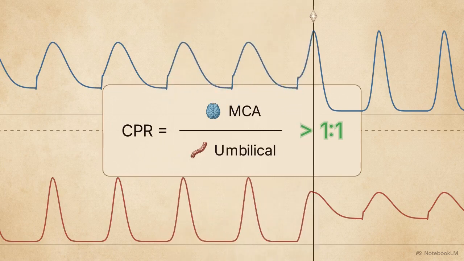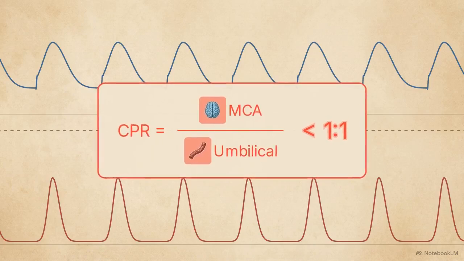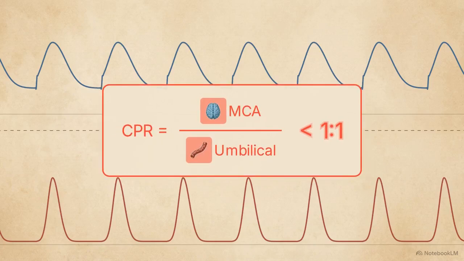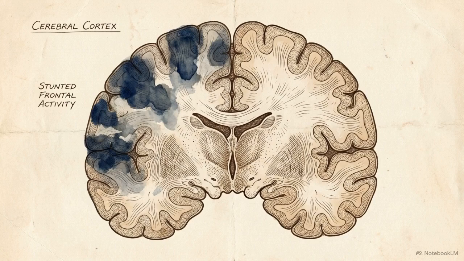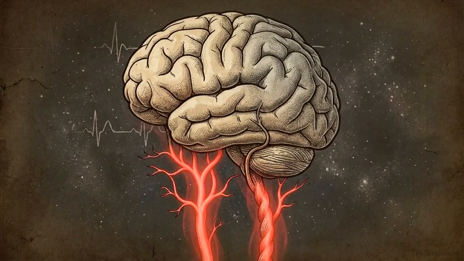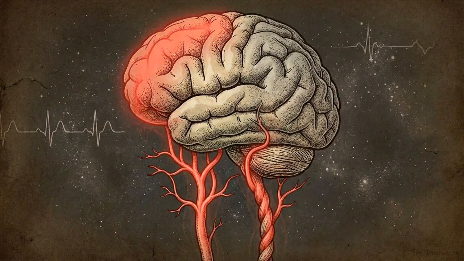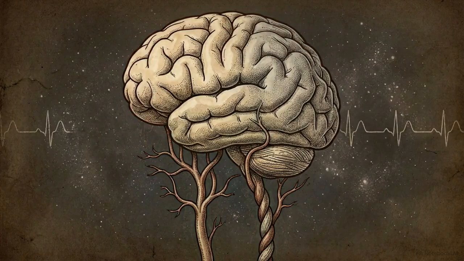When conditions invert, high MCA diastolic combined with decreased umbilical flow, the CPR drops below 1:1. Infants surviving with an inverted ratio face severe long-term consequences, marked by significant deficits in cognitive functioning and poor academic achievement. Ultimately, the cerebroplacental ratio identifies the specific point of hemodynamic failure that correlates with these future cognitive deficits.